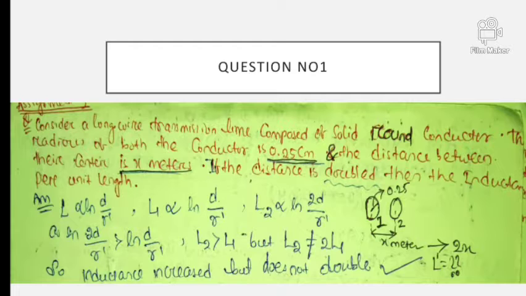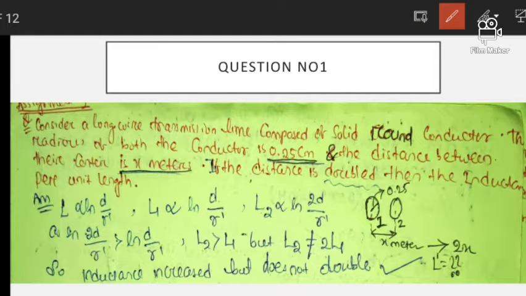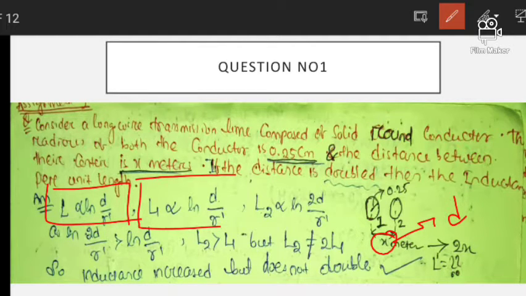So here in this question the x means d, the distance. We already know the inductance formula, that is directly proportional to ln d divided by r dash. D is the distance and r is the radius. Inductance 1 is directly proportional to ln d divided by r dash.